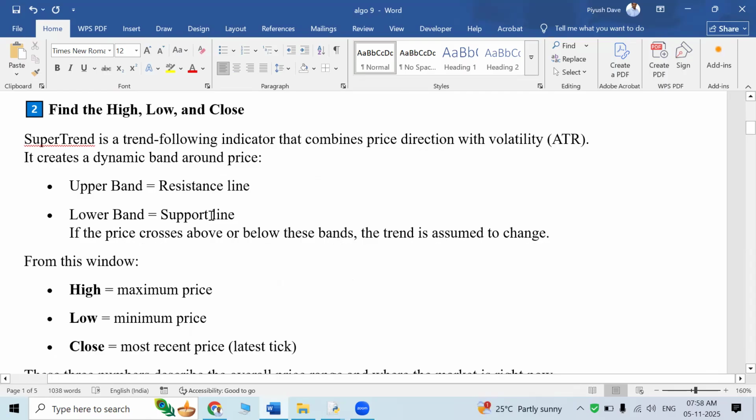If the upper band breaks, it's an upside breakout, and we will take a long trade. The upper one is called breakout and the lower one is called breakdown. Once the support line breaks down, we can take a short trade.